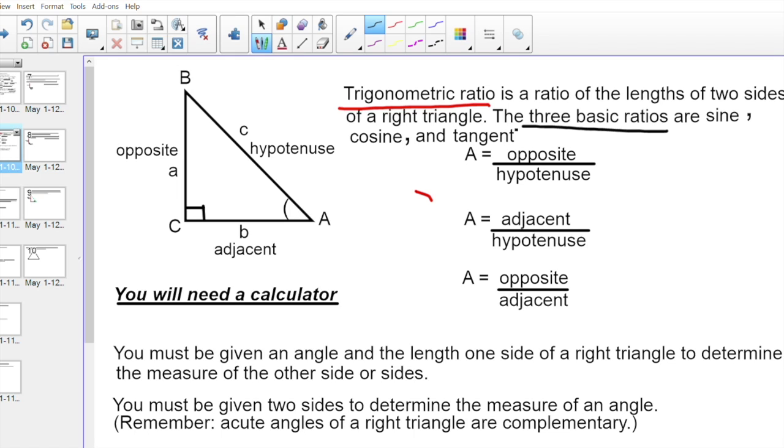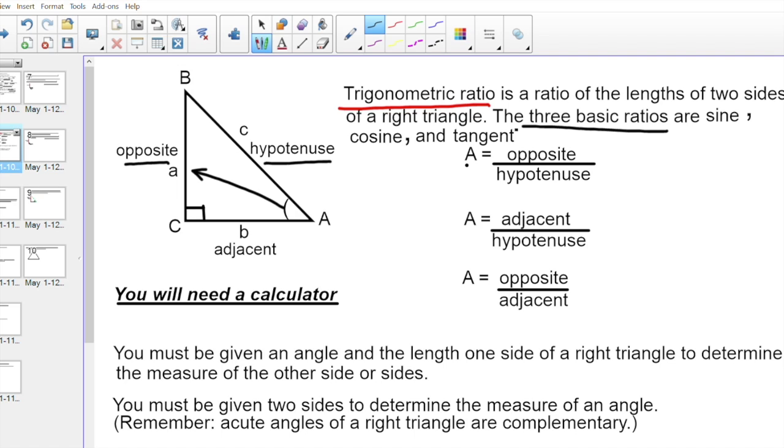So here we go. Now remember, angle A is my reference angle. I'm using it. So this side away from it is called the opposite, and this side is the hypotenuse.